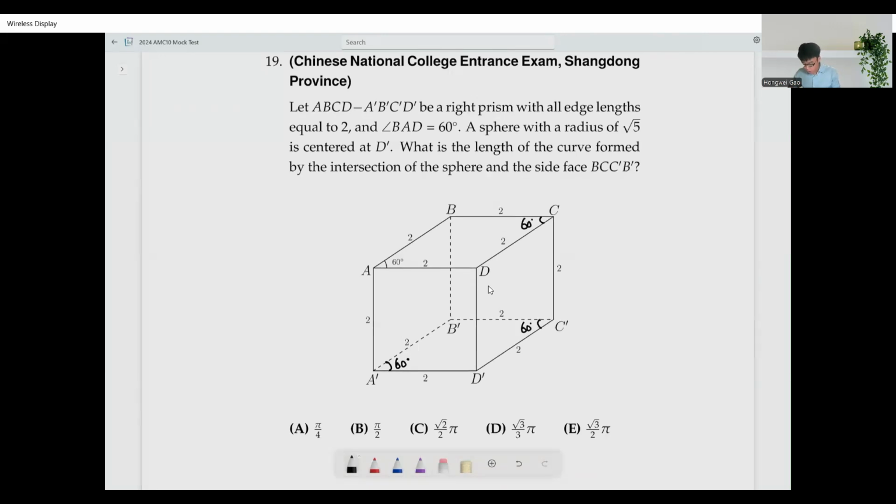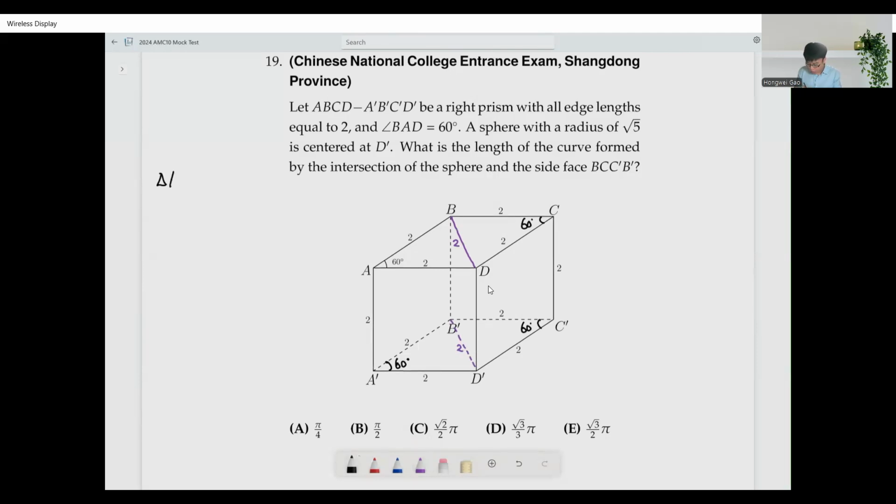In other words, if we connect, say, BD, you can see the top face is essentially 2 equilateral triangles with side lengths 2. ABD, CBD are both equilateral triangles. I can also do that for B'D'. Right, so that's the basic setting.